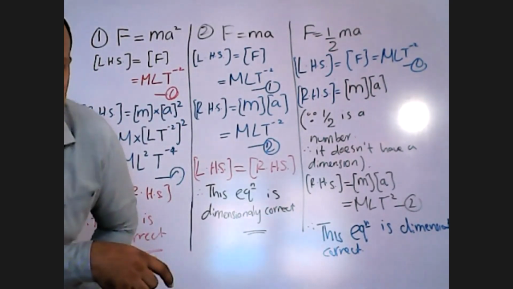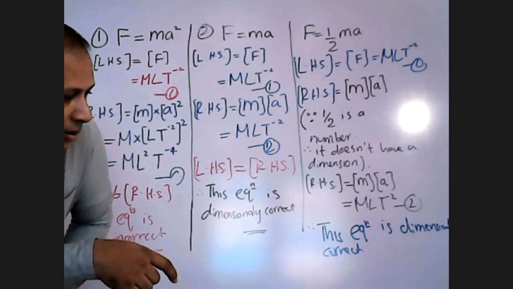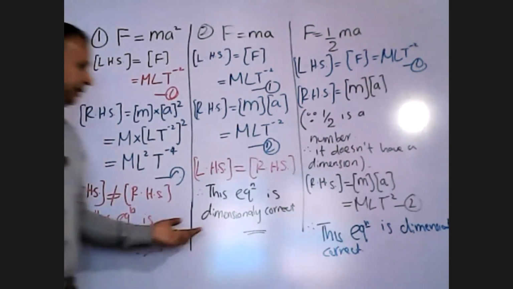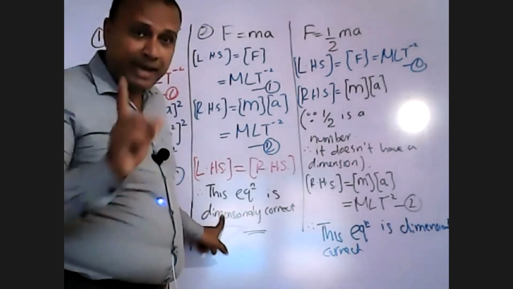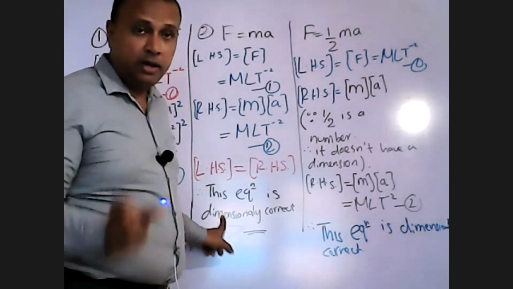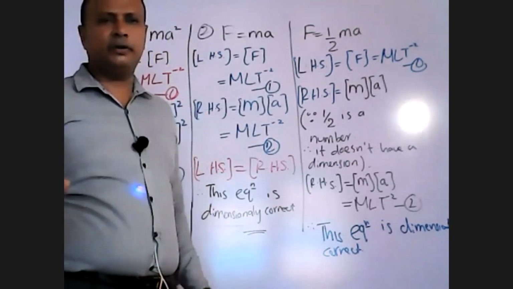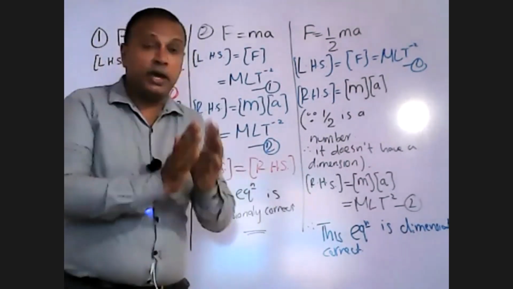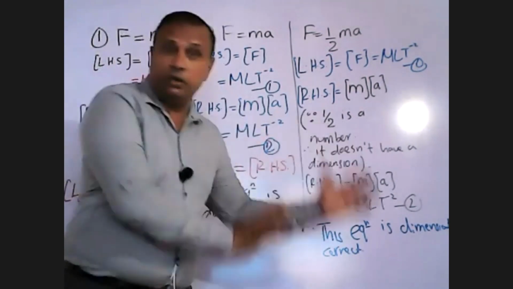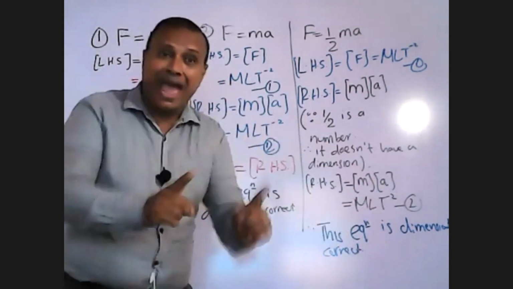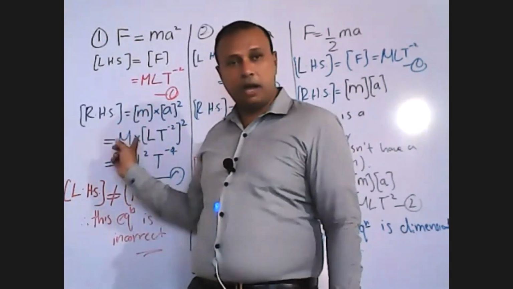Steve, do you understand? So that means we can say that it's only dimensionally correct. That's why I wrote this one, dimensionally correct. When we are analyzing, don't say this equation is correct, because you cannot determine that. You cannot distinguish a correct equation, but you can distinguish an incorrect equation.